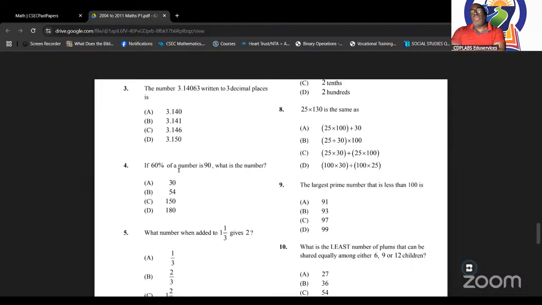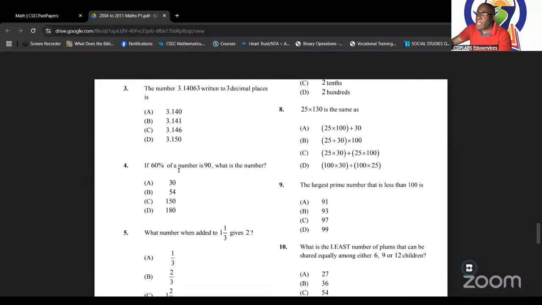If you could easily divide, let's say, if you write 6 over 10, because 6/10 itself is 60%. So this is that 6/10 of a number is 90.